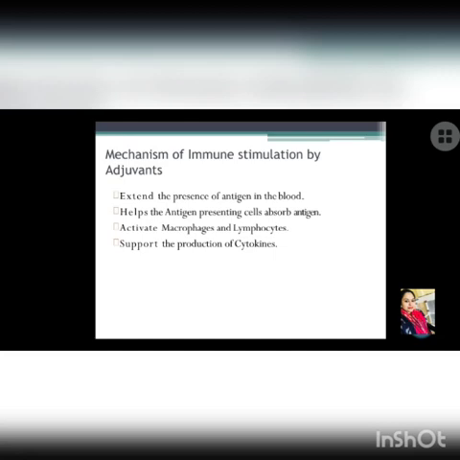Adjuvants act by extending the presence of antigen in the blood and helping the antigen presenting cell absorb the antigen in a better way. They also activate the macrophages and the lymphocytes, and support the production of cytokines, which is very important for the generation of an immune response.